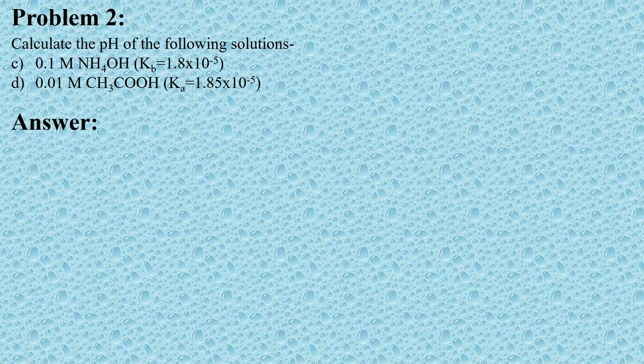In case of problem number C, the ammonium hydroxide ionizes as NH4 plus and OH minus. We consider that alpha is the degree of dissociation.